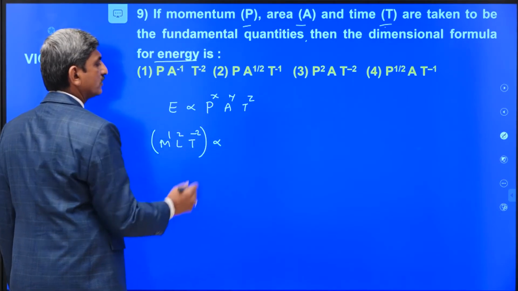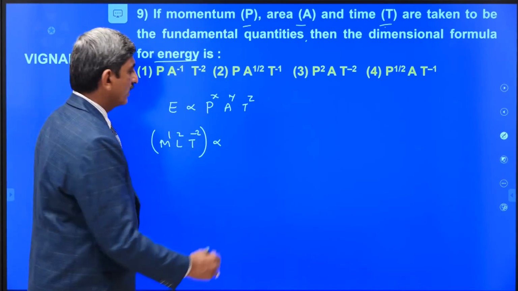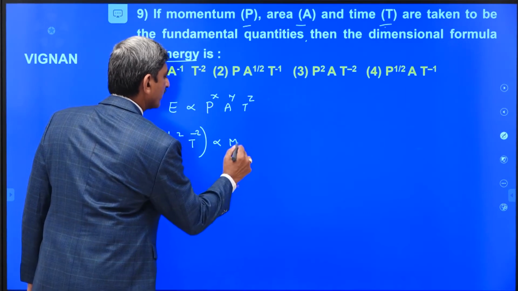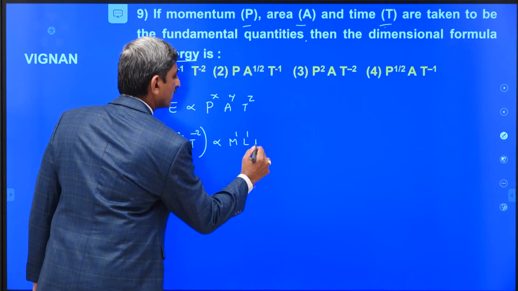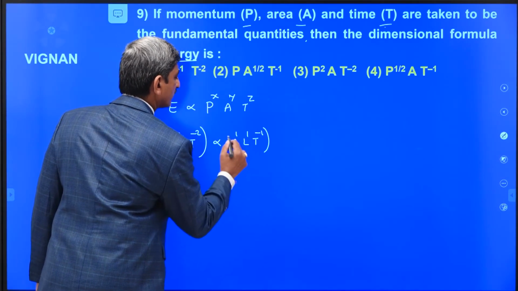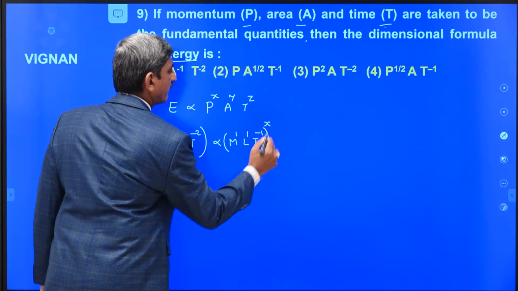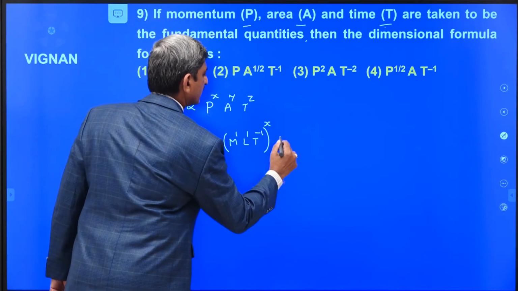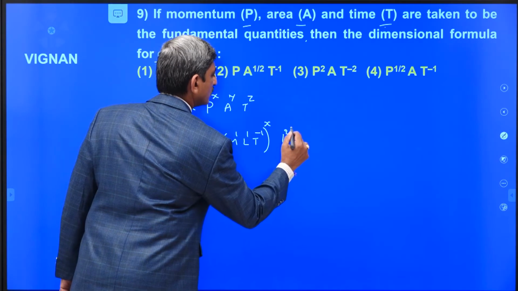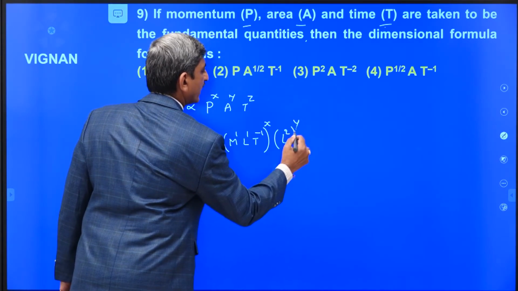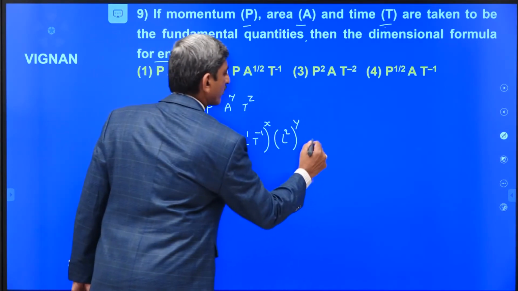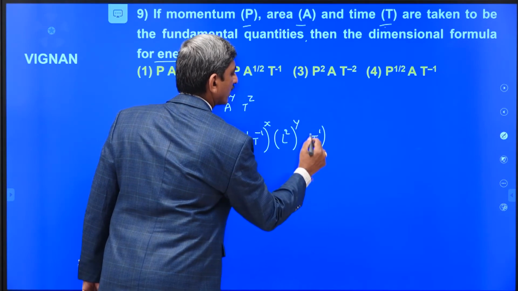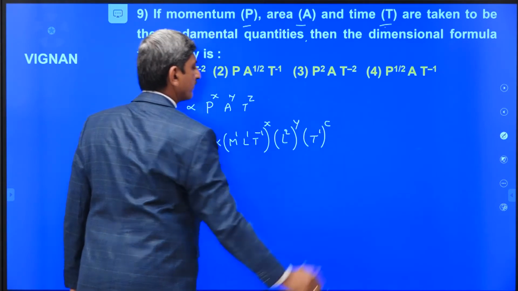This is proportional to, for momentum, the dimensional formula M1 L1 T minus 1 to the power x, and for area the dimensional formula is L2, so to the power of y, and for time the dimensional formula is T1 to the power of z.